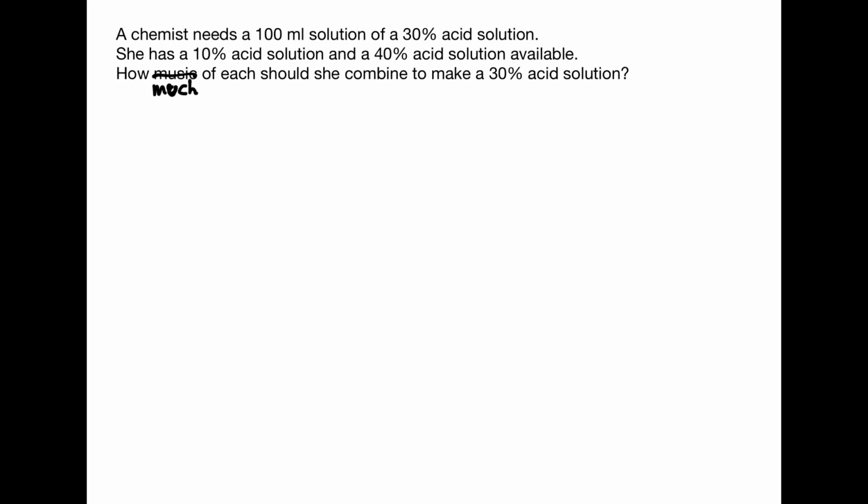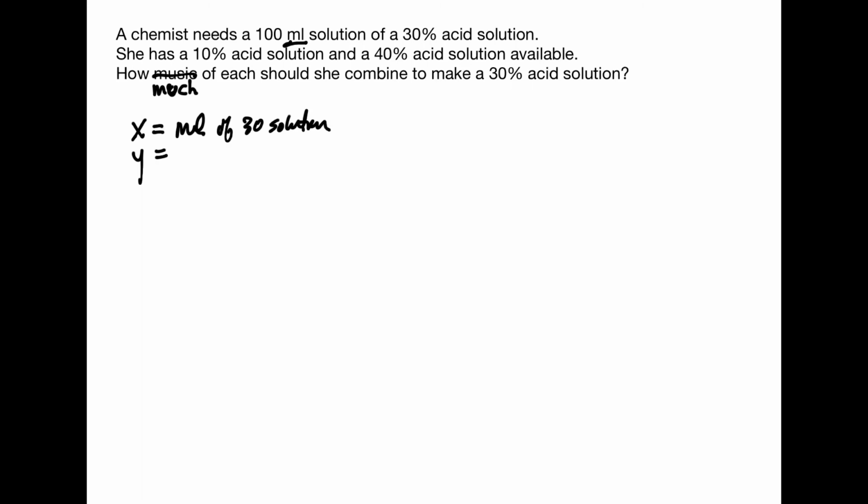So how much of each should she combine? So we're looking for a quantity of each. Now the quantities in this case are being measured in milliliters. So I'm just going to say X is going to equal the milliliters of the 30% solution. And then the Y will be my more, well, I'm not sure why I did it this way.